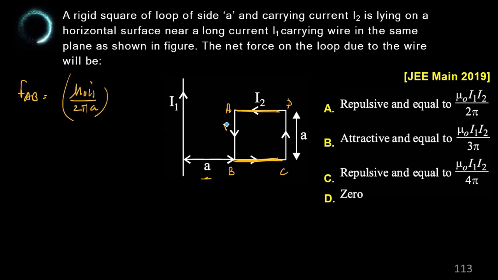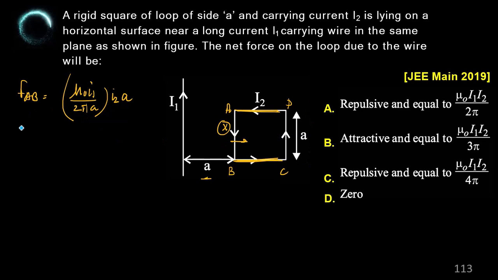Direction is cross. Force is acting, current is flowing downward. So ultimately force is towards right. B, I is I2 into L. L is a. There is one force.